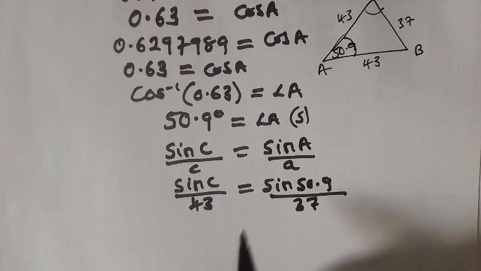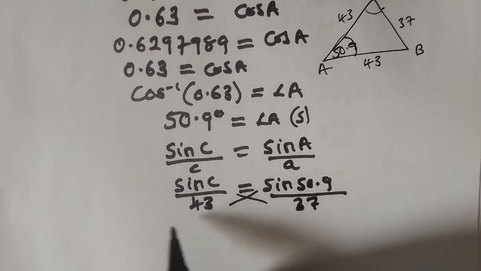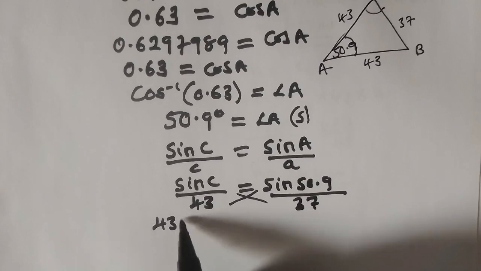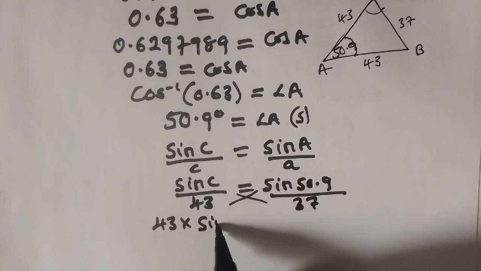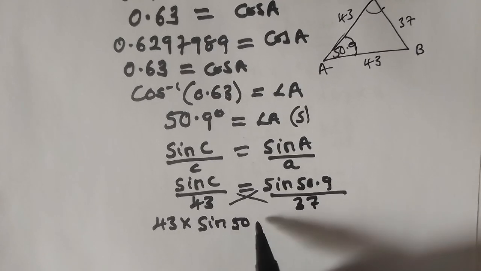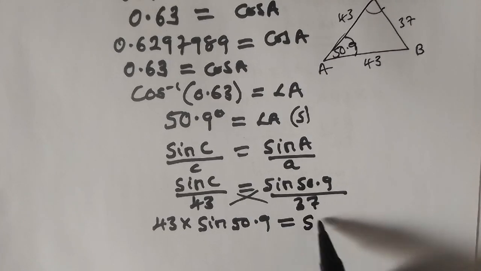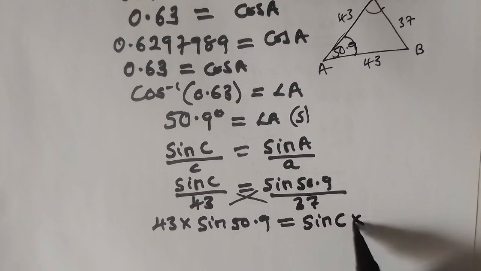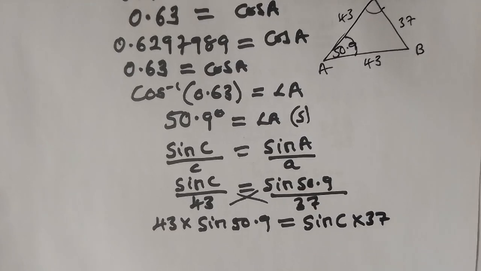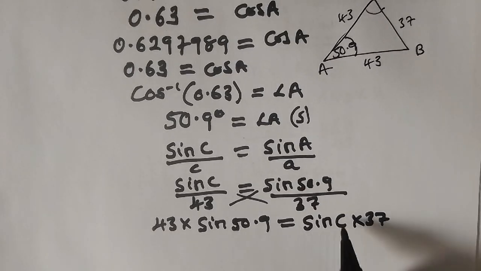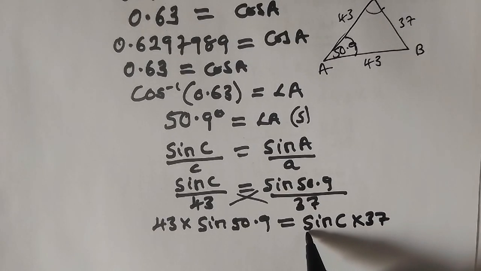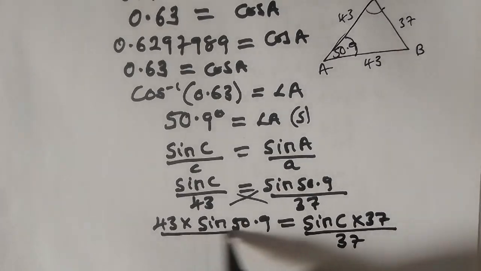From there we can cross multiply, so we have 43 multiplied by sine 50.9 equals sine C multiplied by 37. Then to find sine C, we can divide both sides by 37.